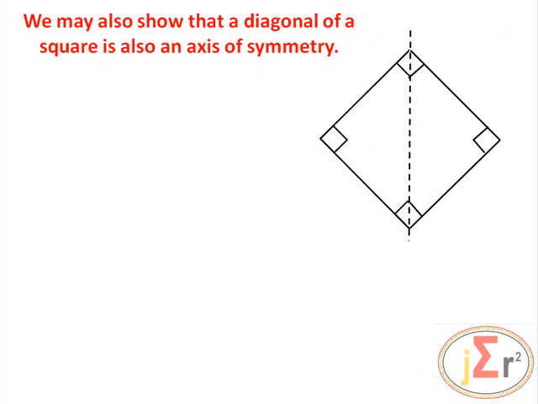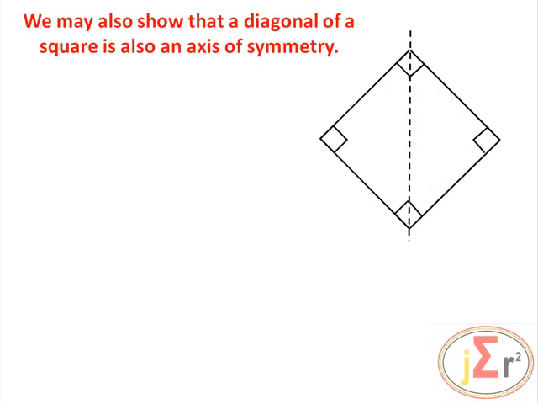So the square on this occasion is divided into 2 equal parts that are mirror images of each other along the axis of symmetry. That is the line of division. And as we see, one side is a mirror image of the other.